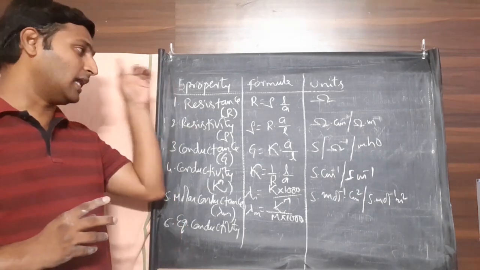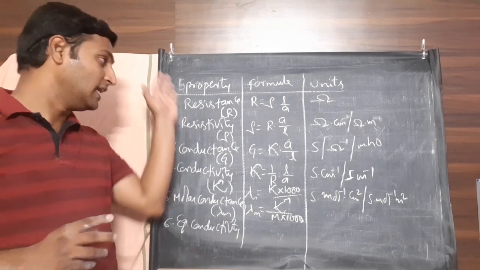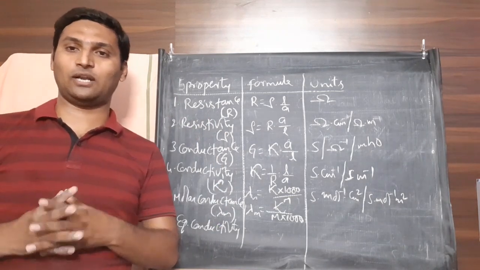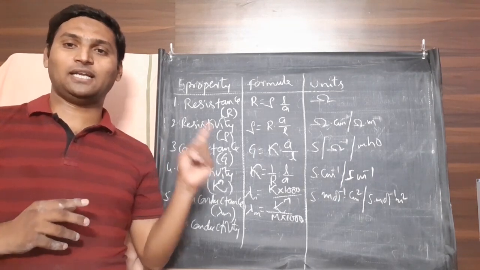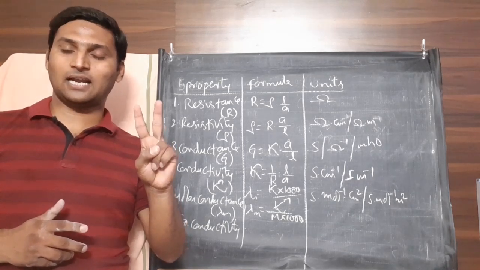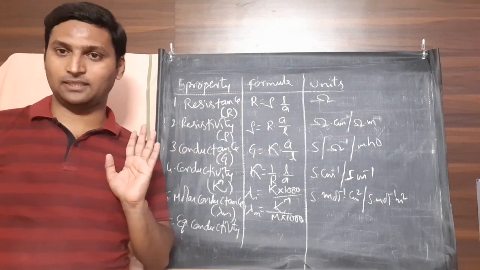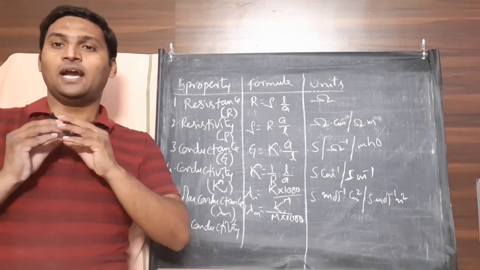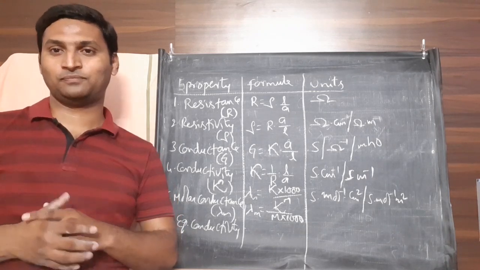Then we have understood the definition, formulae and units of 6 different properties of electrolytic conductors. Now you have got a learning exercise, an entrance corner and a home exercise based on all these 6 properties. I am leaving all of them as homework for you.